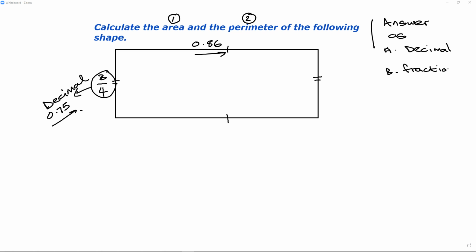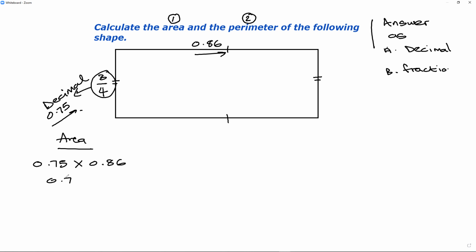All right. So the first thing that I want to go through is the following. I've got to find the area, right? So if I'm going to find the area, I'm going to first work it out as a decimal. So let's take 0.75 and multiply. Length times breadth gives you area, so length times width gives you area. So let's multiply those two.